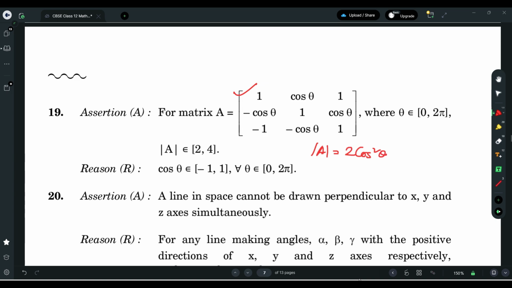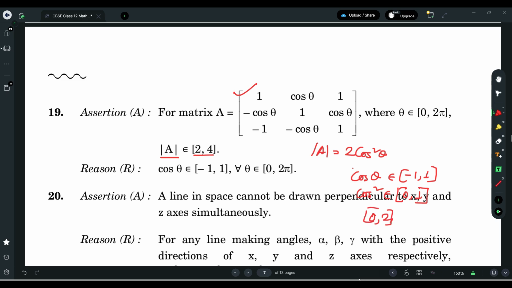Okay, det A belongs to 2 to 4. So cos theta belongs to minus 1 to 1. Then cos square theta belongs to 0 to 1, because cos square theta is positive. Now 2 cos square theta is from 0 to 2.